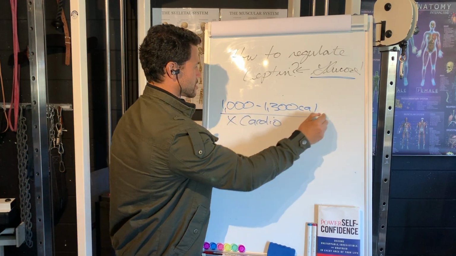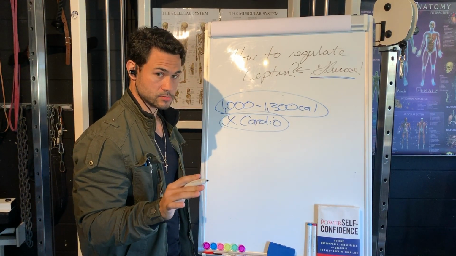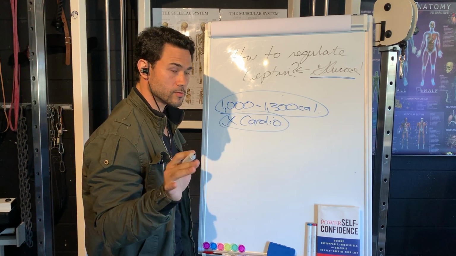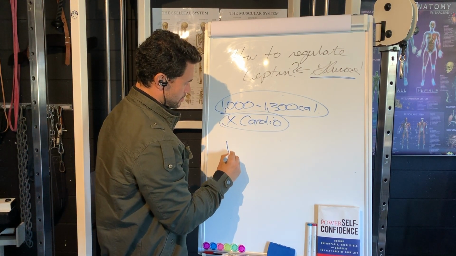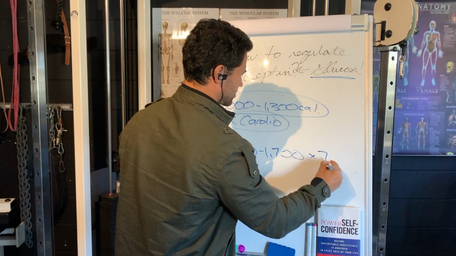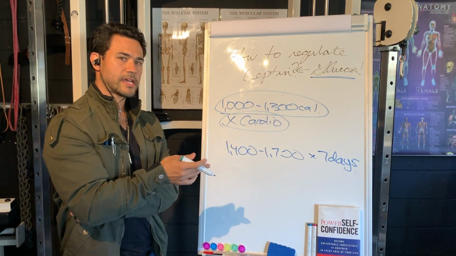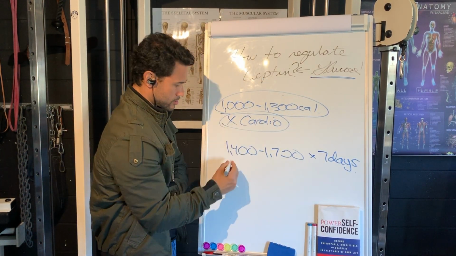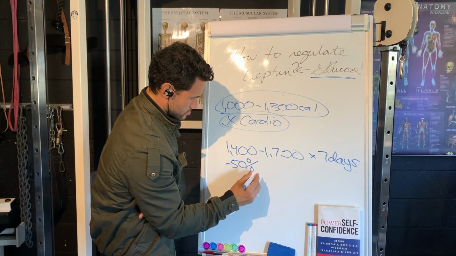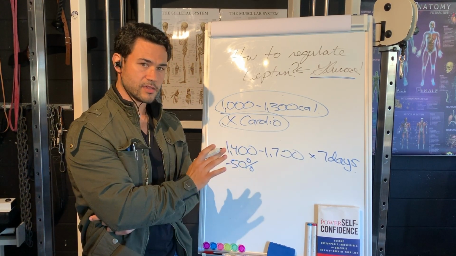But if you are doing this and nothing is happening, I would likely recommend specifically for you to take your calories up to 1,400 to 1,700, times 7 days. And whatever cardio you're doing, we would reduce that by 50%, okay? Cut that in half.